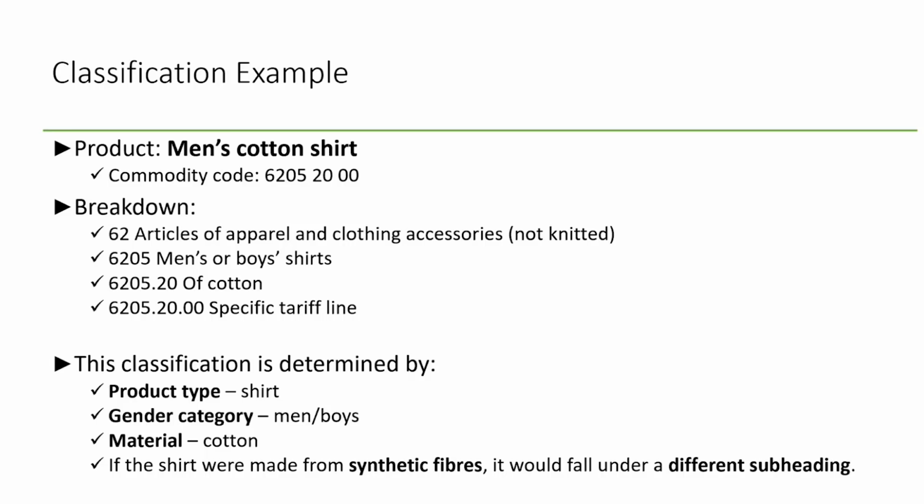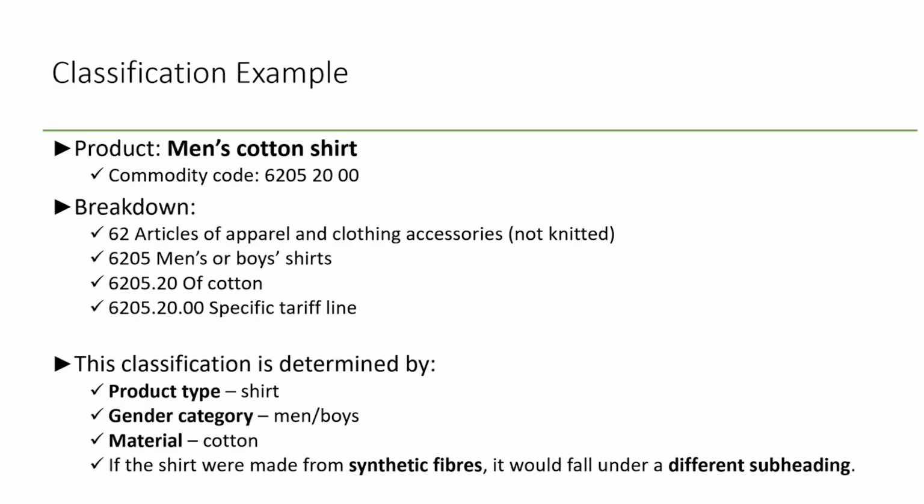So just to give you some classification examples, the product is men's cotton shirts. The commodity code is 6205200, so that's the first 8 digits. If we were importing that, there would be another 2 digits added onto that.